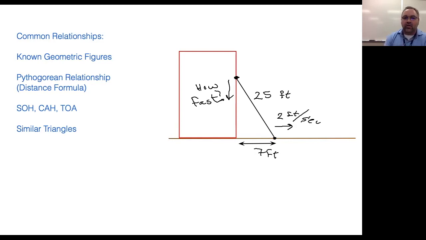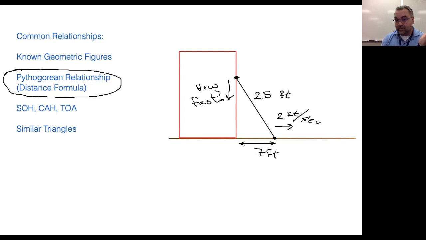All right, let's see. How can we relate all of the stuff that's going on in this triangle? Are you thinking known geometric, sort of, or are you thinking Pythagorean relationship? Definitely Pythagorean relationship, right? Now, here's my question to you. This side of the triangle down here is 7 feet, but changing, so we need to give it a name.